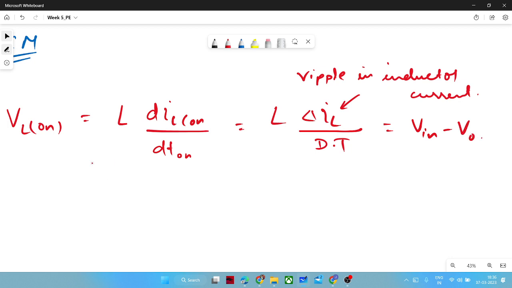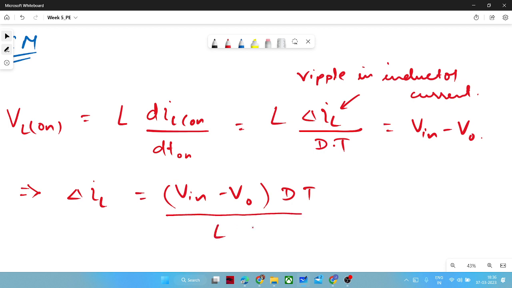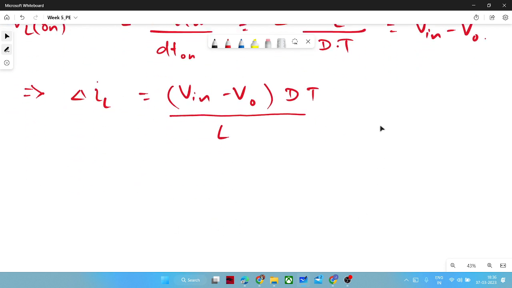So from this expression, you can compute delta IL as V in minus V naught into D into T by L, and that you can write as V in minus V naught by L f.